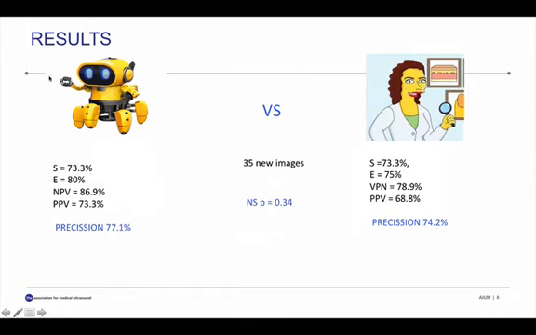Quite similar. As you know, there's not much difference, and statistically there's no difference between these results.